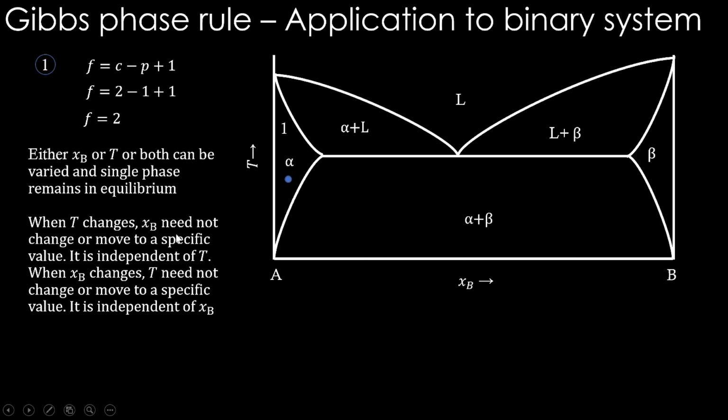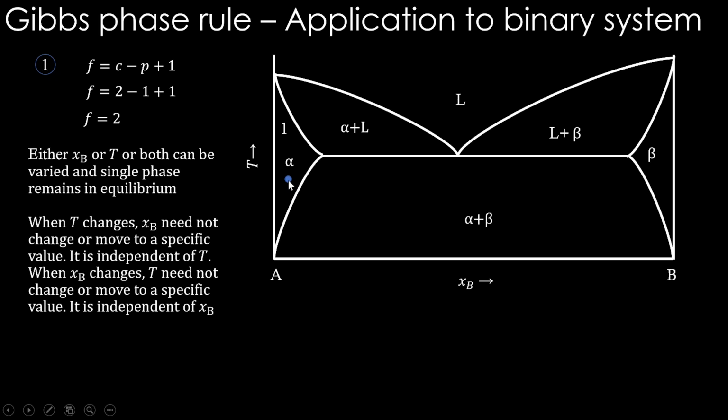Here XB need not move to any other value. It is independent of T. XB can remain the same or it can change to some other number also. It need not change to a specific value. And similarly, when XB changes, T need not change or move to a specific value. It is independent of XB.